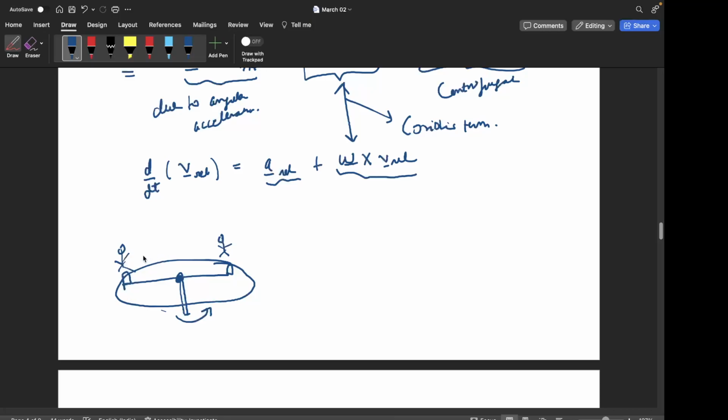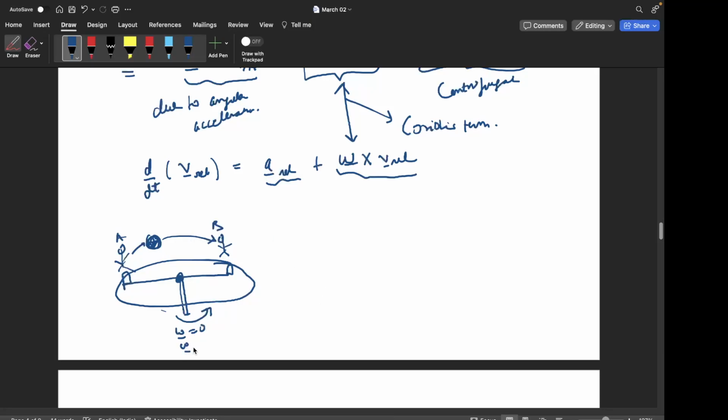All right. And initially omega is 0. And they are throwing a ball to each other. All right. So they can easily catch it. Very straightforward. A throws to B and B throws to A, and they can catch it very easily.